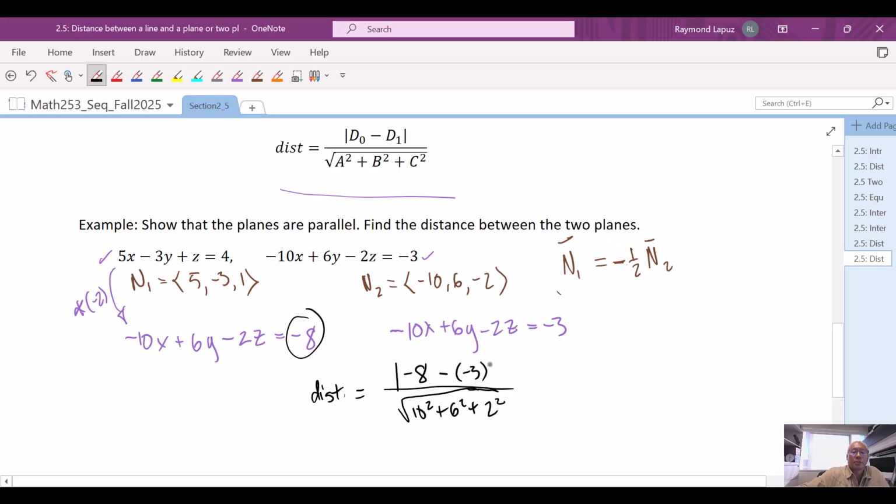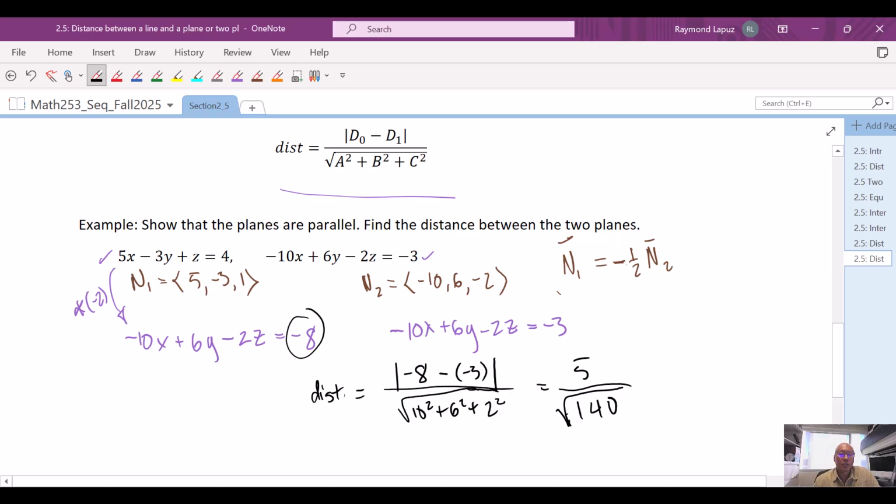And just for positive sake, we can take the absolute value. So we have -8 plus 3, so I think that's -5, but then with this absolute value, it would be 5. Under the square root we have 100, 6 times 6 is 36, 36 plus 4 is 40, so this is the square root of 140, and I don't think that's a perfect square, so we can be done.